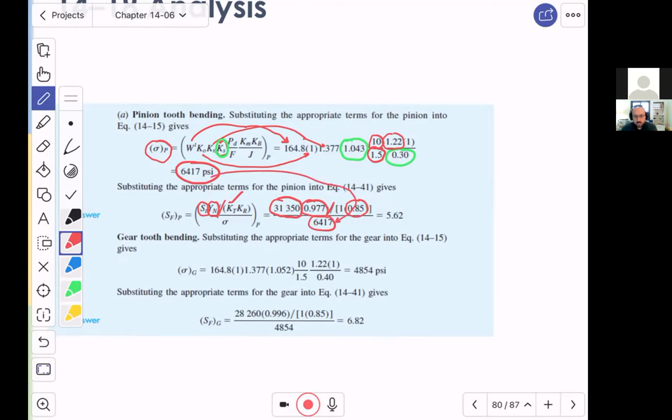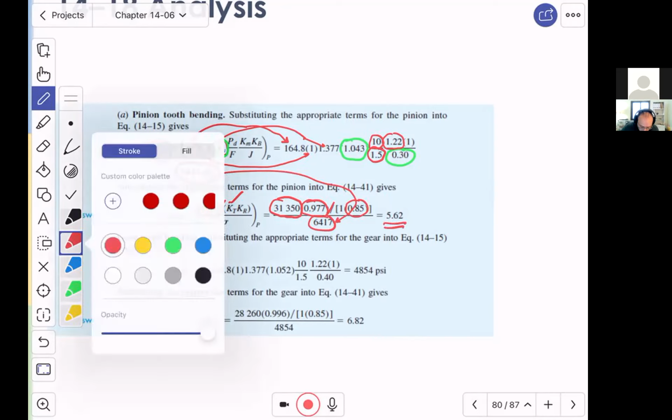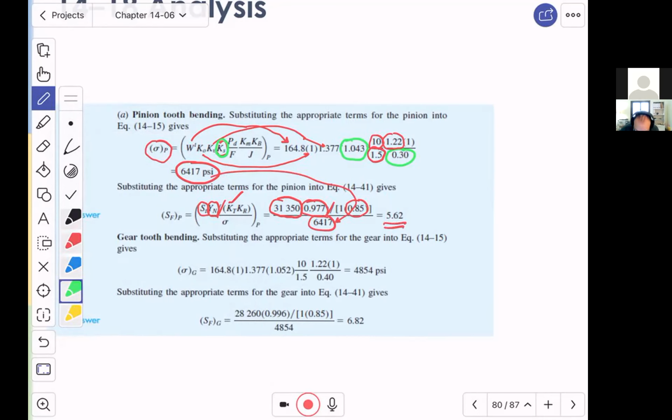What did you get? You get 5.62. Now compare, and you will see this number is different because KS is different. The remaining numbers are exactly the same for the gear. And for the gear, this is how much the stress is.